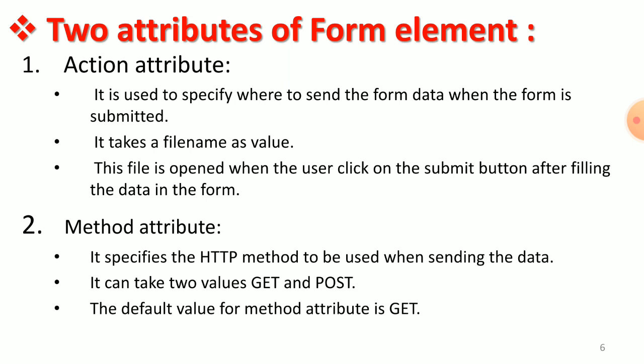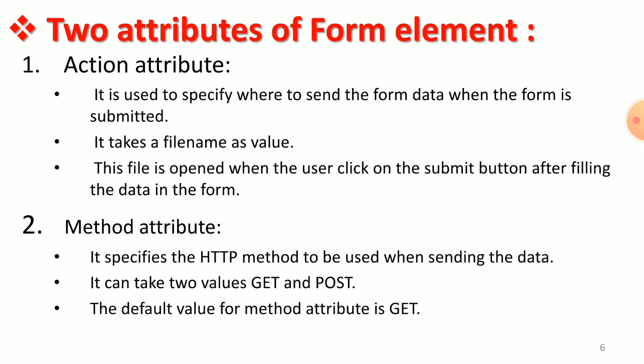It is used to specify where to send the form data when the form is submitted. That is the action attribute. And then second, it takes a file name as a value. And third, this file is opened when the user clicks on the submit button after filling the data in the form. That is action.